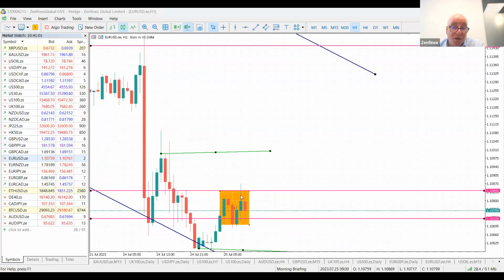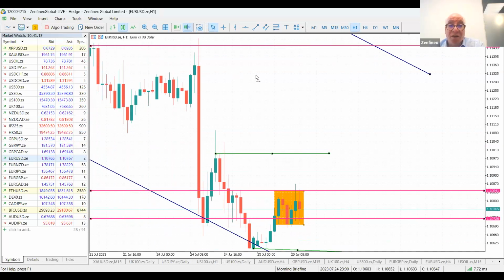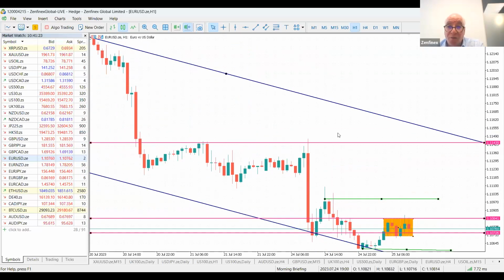So really we're trapped in this area here, looking for a breakout. And if it breaks on the upside, remember the retest rule: let it go out, come back in, and then take a first target here. And then we've got some other higher targets we can aim for if we're able to get a good entry.